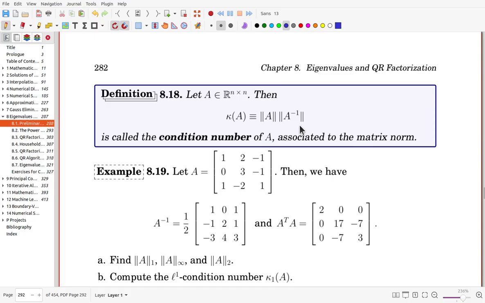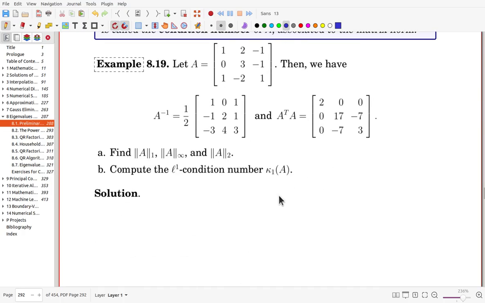Once it is not invertible, we may consider the norm of A inverse to be infinity, so for singular matrices, we can say its condition number is infinity. Of course, depending on the choice of norms, you can separately define the condition number. If you start with the L1 norm of A and A inverse, then you can say the L1 condition number, right?